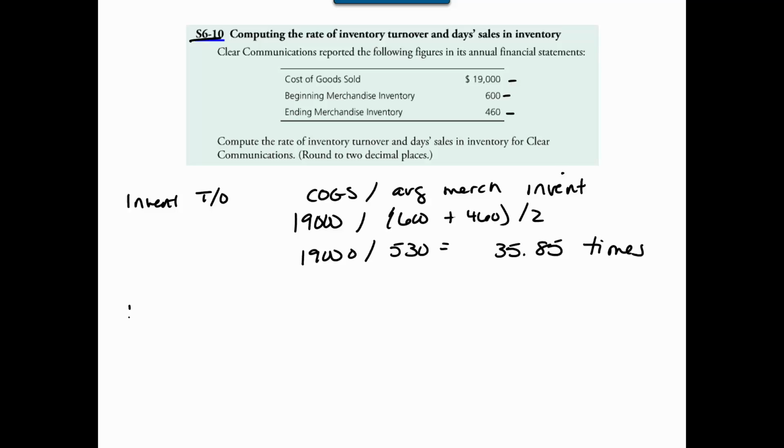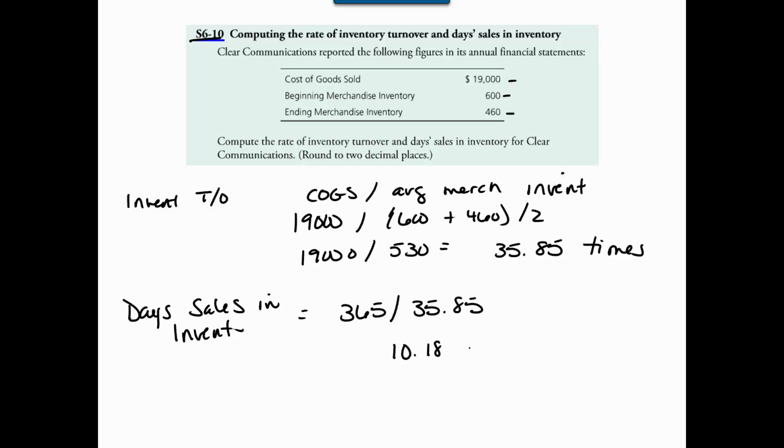And then once I have that, I can do days sales in inventory, which is just 365 divided by my inventory turnover, which is 35.85, and I get 10.18 days, which says on average things sat here for 10 days before I sold them.